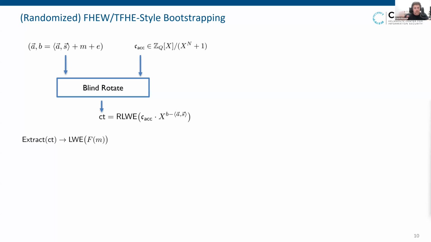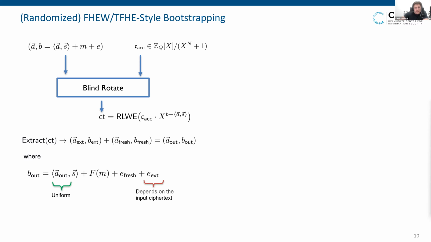What matters is that if everything is correct, then at the end of this process, we get an LWE ciphertext of f(m). Let's denote this LWE ciphertext as (A_x, B_x), and B_x is the inner product of the A_x vector and the secret key S plus f(m) plus the error term E_x.